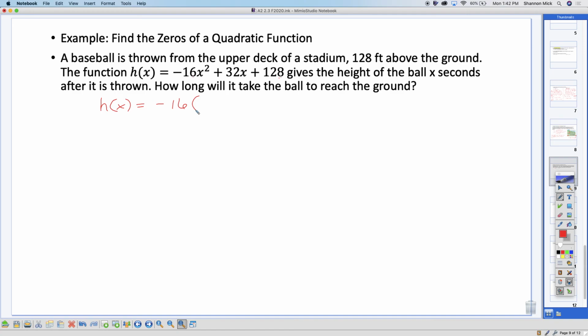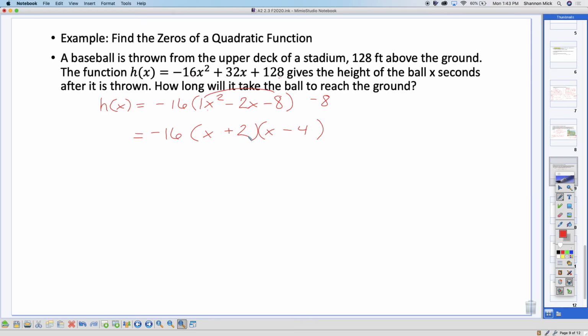So I have x squared minus 2x minus 8. 1 times -8 is -8. 1 is my leading coefficient, so that's just going to be x and x. And factors of 8 that have a difference of 2: -4 and positive 2. So I factored it.